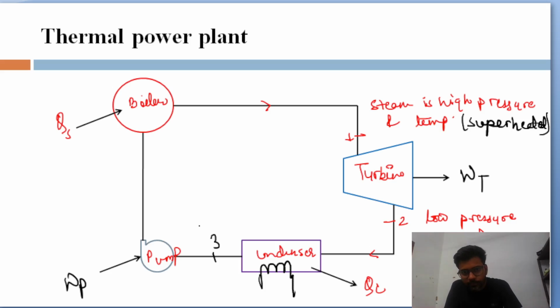The pressure is constant because the condenser is a steady flow device.